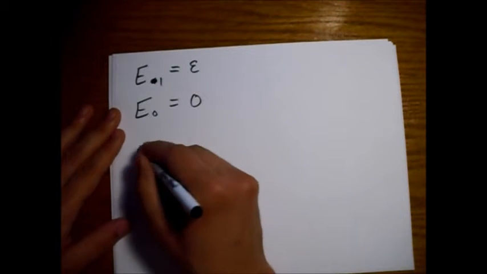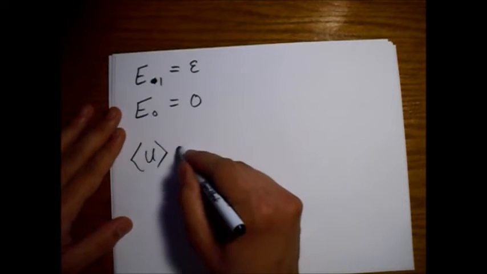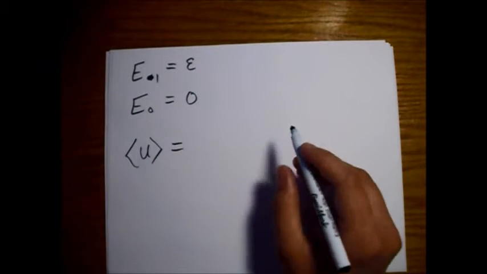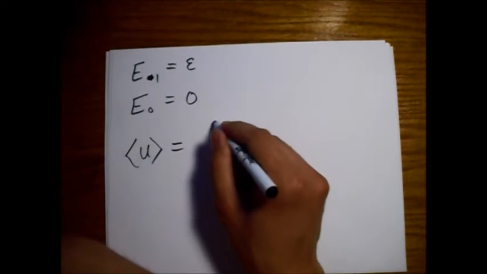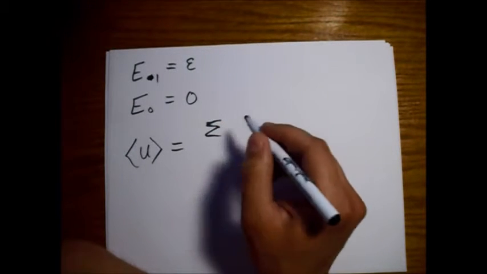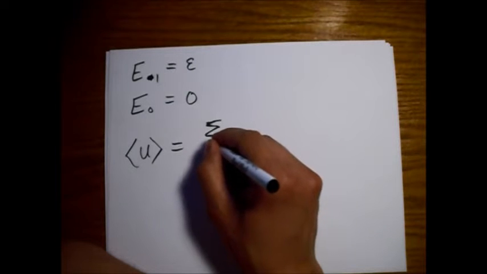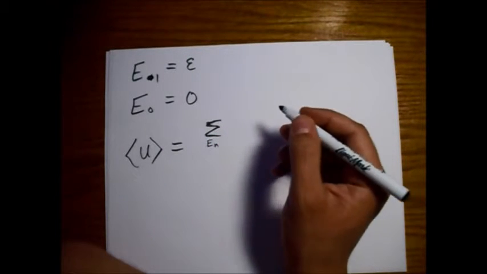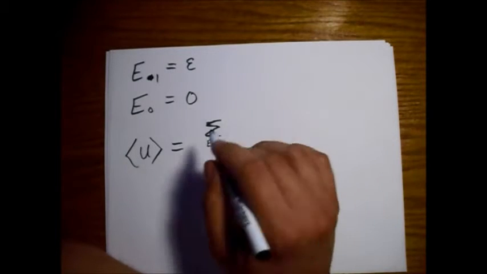So if we look at the average energy, we're going to sum over the energies. I'm just going to write E sub n here under the sum.